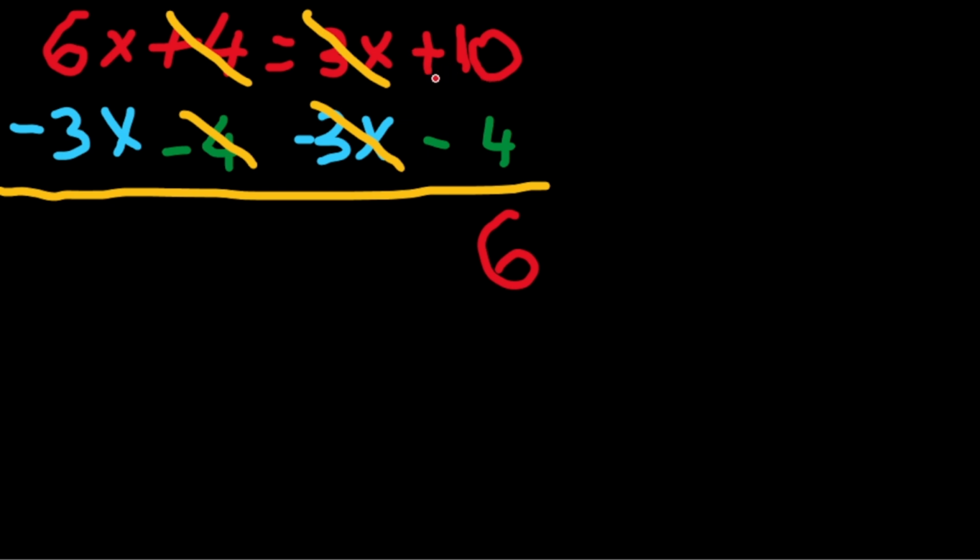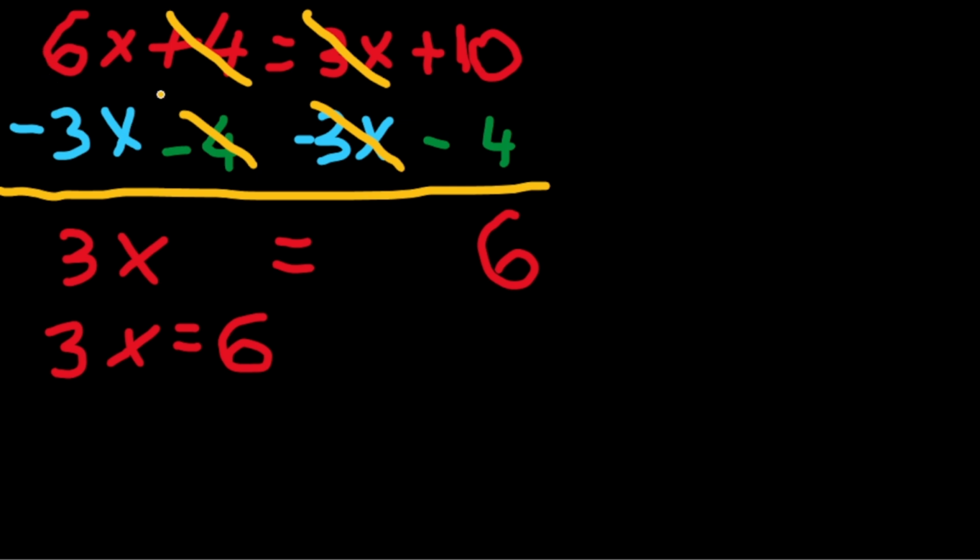The biggest number is 10, and it has a plus in front, so it's plus 6. We're going to have an equal because 3x and minus 3x cancel each other. On the other side, we cancel plus 4 and minus 4, and we're left with 6 minus 3, which is 3x. So 3x equals 6.